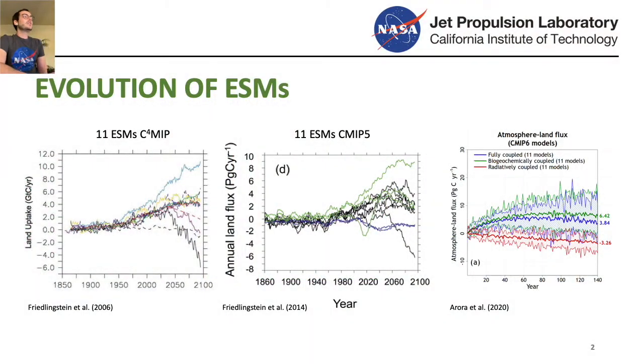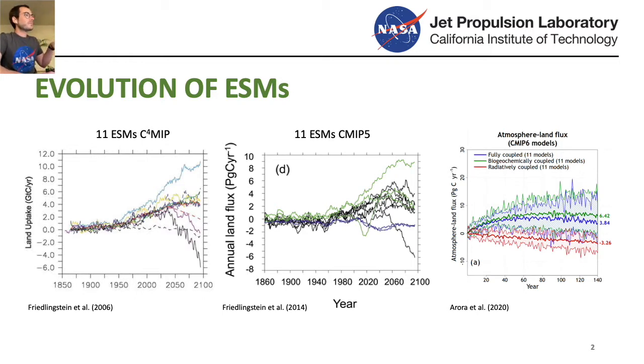So I like to start my presentation with these two figures, and now we have the updated version, right? Arora et al. just published this paper earlier this year. What these figures show is basically the land uptake from 1850 to the end of this century for 11 Earth system models in the CMIP exercises.